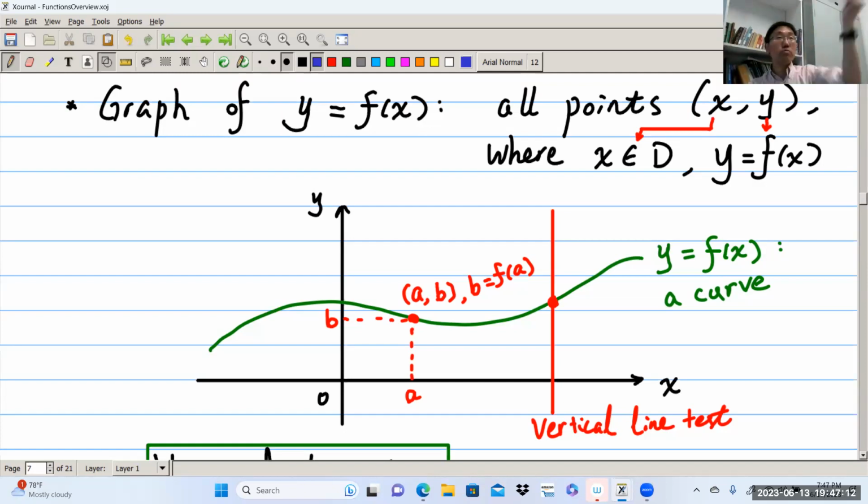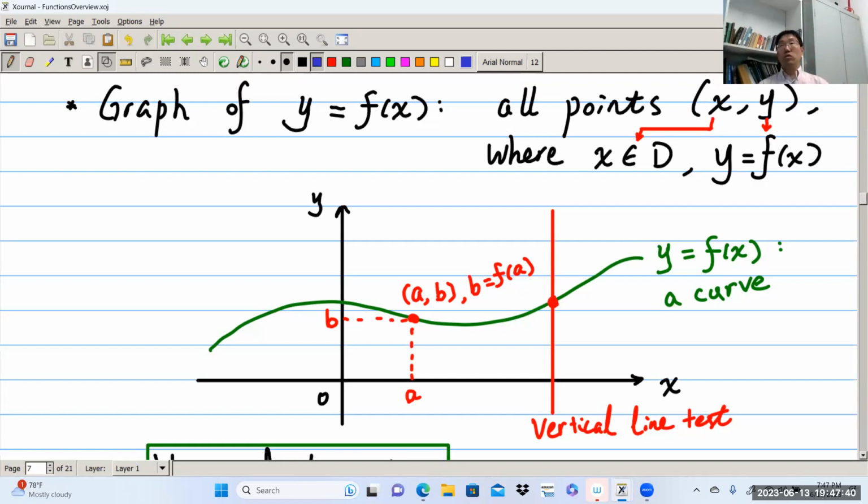For each input, one output, one point. So if you plot all the points generated by this function, then you get the graph of this function.